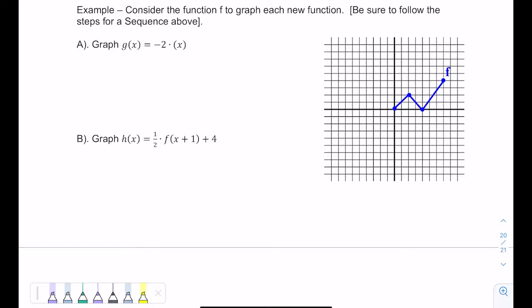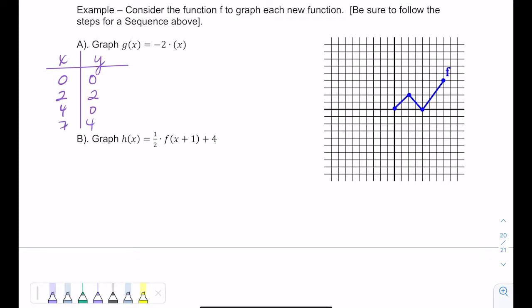So I'm gonna write down my 1, 2, 3, 4 blue points. Okay, so these are your blue points. So I see a point at 0, 0, 2, 2, 4, 0, and it looks like 7, comma 4.